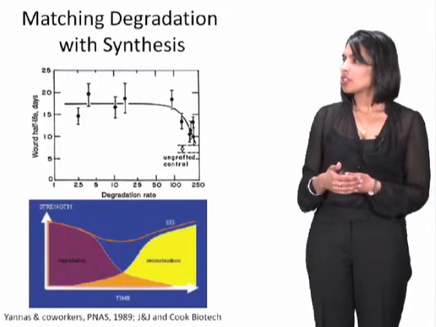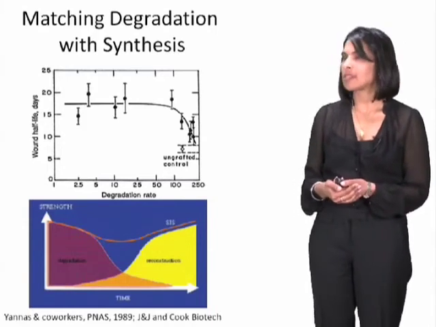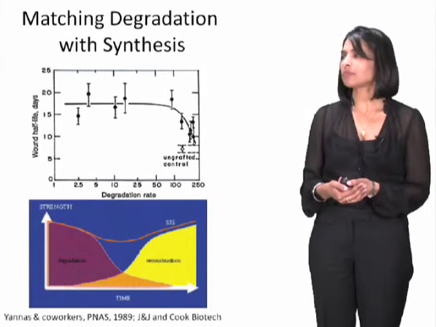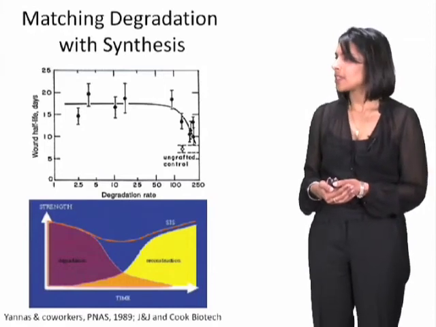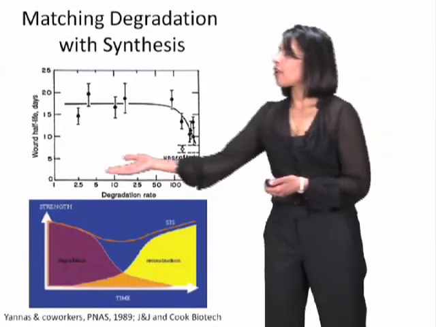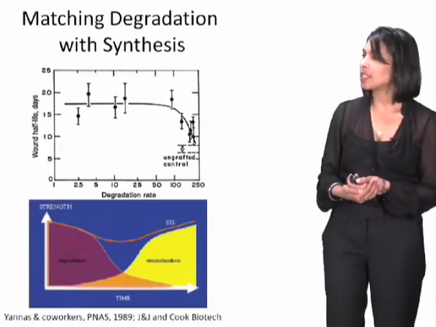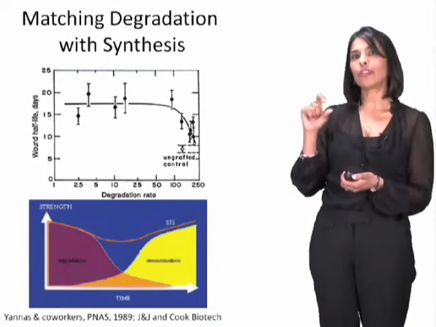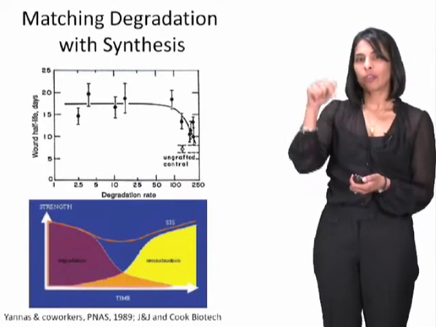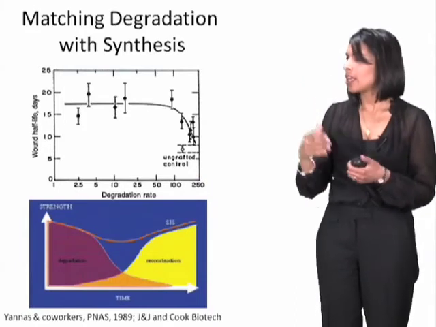This concept was originally defined by Janas and coworkers in these classic experiments that were done in the skin. In these experiments, what they did was they made tissue engineered skin that had a variety of degradation rates. And what they looked at was the wound healing time of a full thickness wound, a cut through both the epidermal and dermal layers of the skin in an animal model.